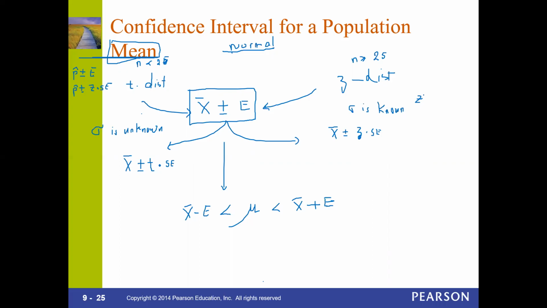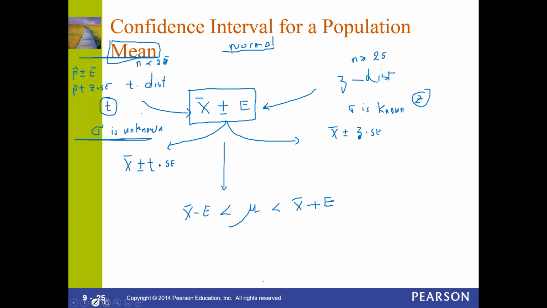So this one we use Z, this one we use T. Sigma is unknown, but you just have to remember these terms.